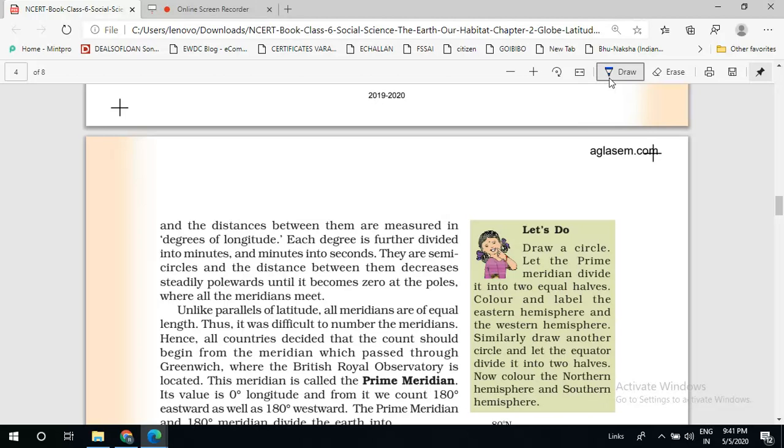So first thing you have to remember is that the distance between the meridians of longitudes is measured in degree. Then this degree is divided into minutes, and these minutes are divided into seconds.